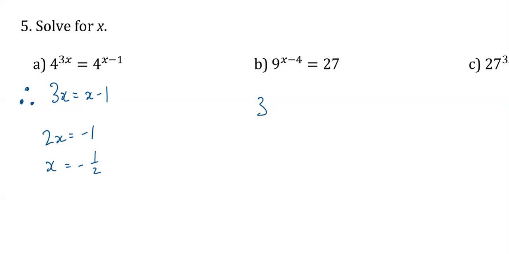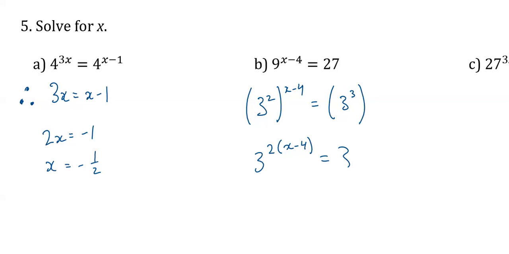So this is 3 squared all to the x minus 4. And 27, we kind of already saw this, is 3 cubed. And I would write the next step like this, because I multiply the exponents here. So you have to know that that's how that works out.